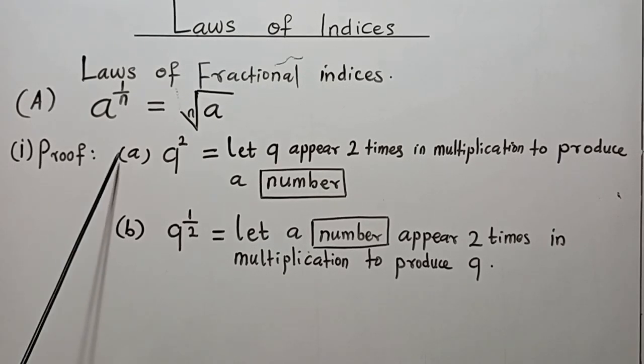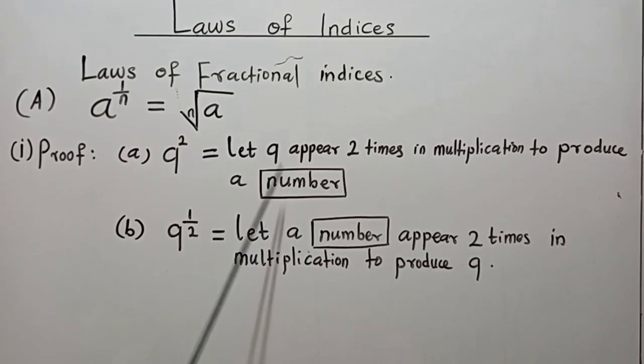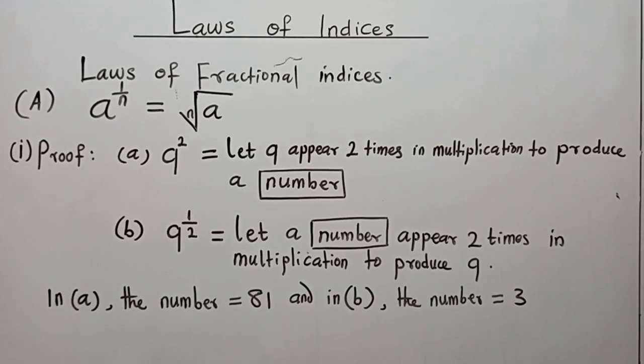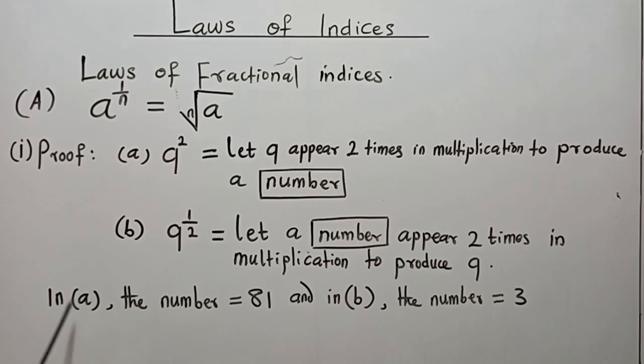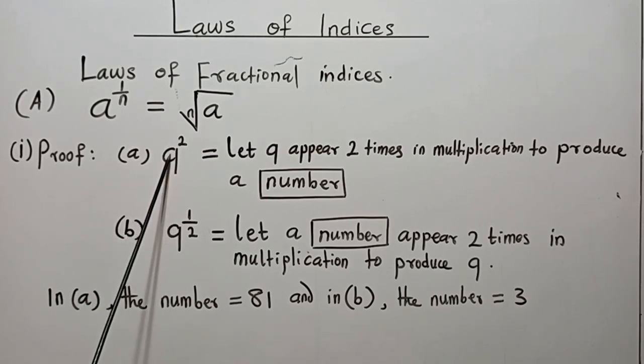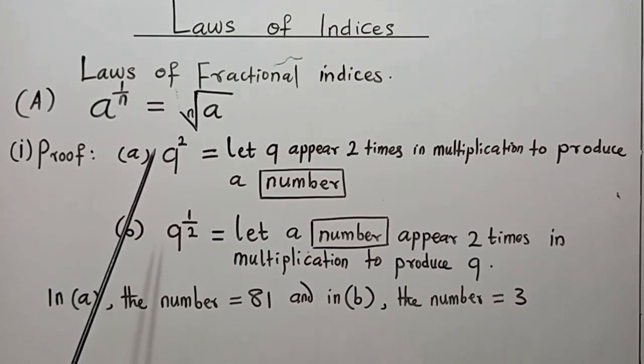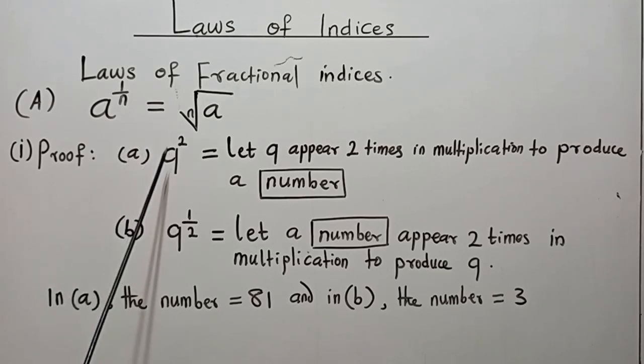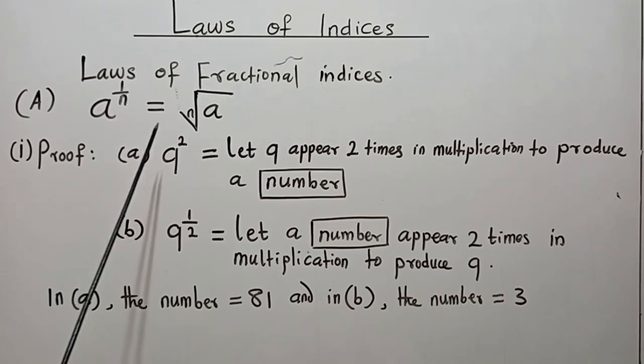In this statement A, what then is that number? And in this statement B, what then is that number? Let's find out. In A, the number we referred to is equal to 81. Do you agree? You should, because in 9 times 9, 9 appears 2 times, and 9 times 9 is equal to 81.